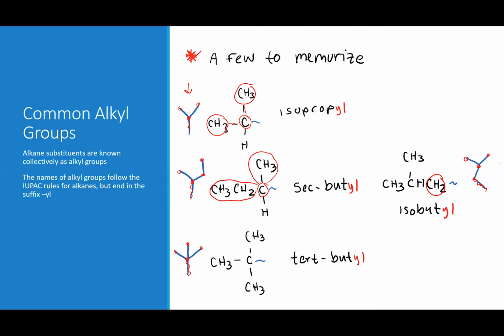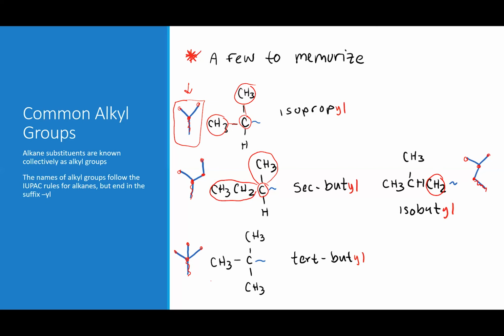Now, the reason I showed you these forms, the line bond forms, is sometimes it's easier to see it structurally like this to be able to recognize it on a chain. So you can kind of know that isopropyl always makes this Y form. This is what sec-butyl looks like. Tert-butyl has this cross form.